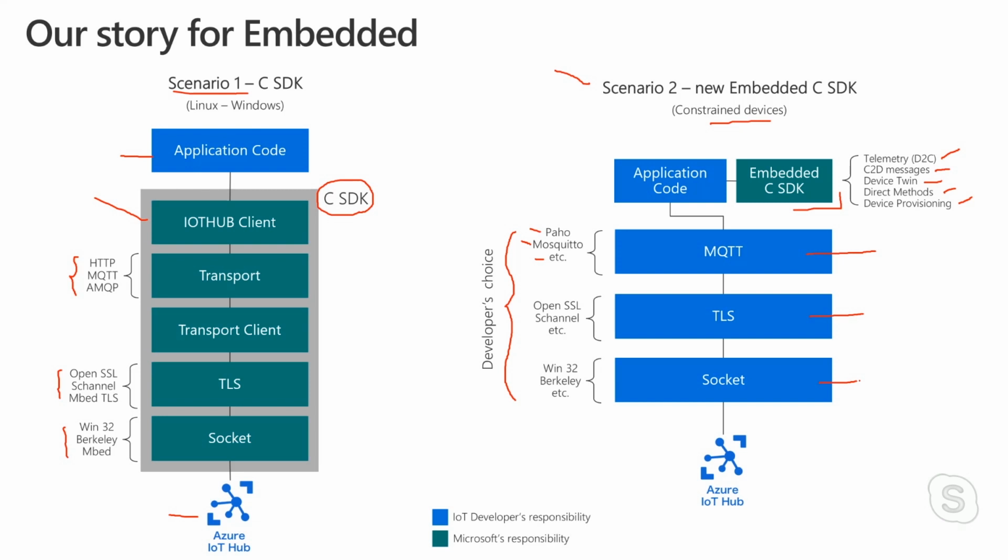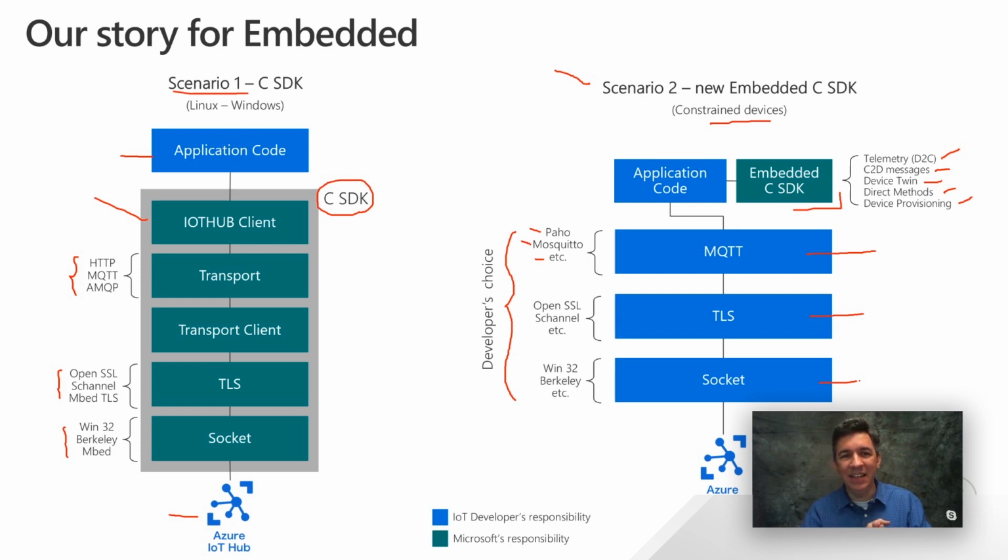We're fully embracing MQTT. And this is what we like to consider our everywhere SDK, meaning that if you have a device that can connect to a network, it is very likely that you'll be able to run the embedded C SDK on it.